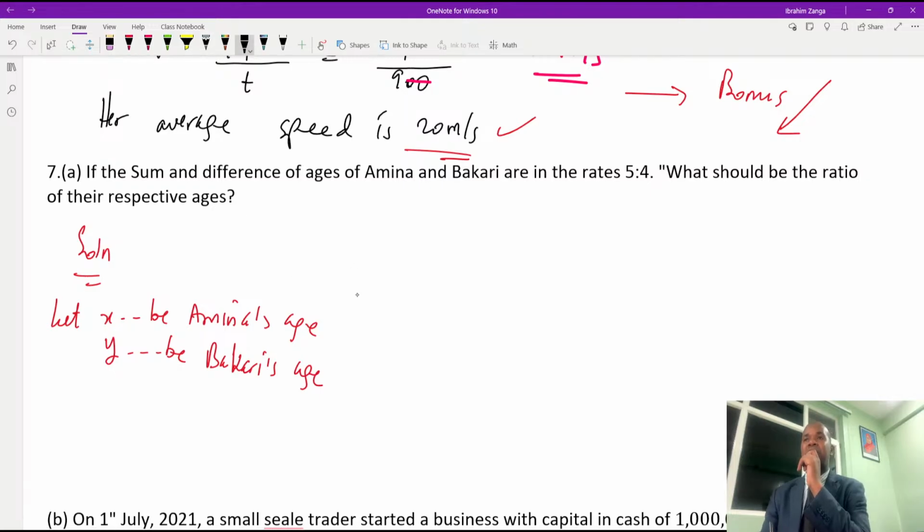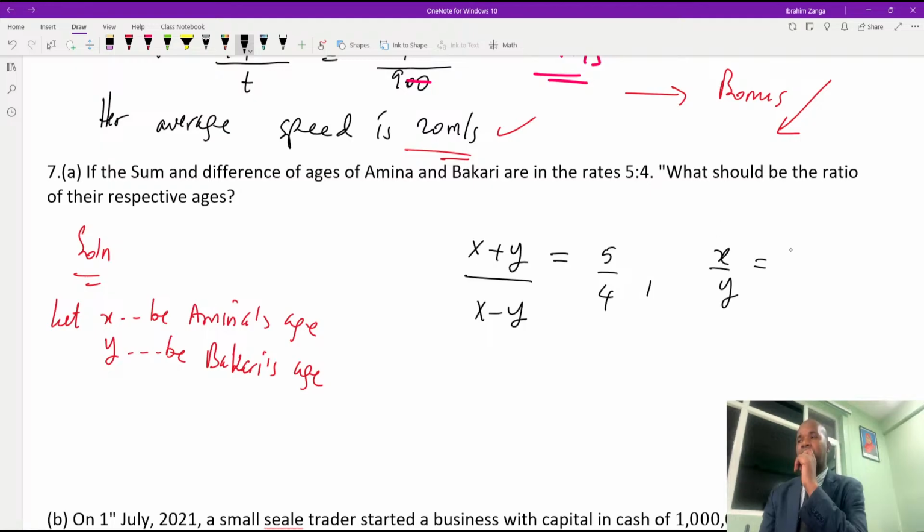With that assumption in mind, the sum and difference, you take x plus y over x minus y, you get 5 over 4. And so we are looking for x over y equals how much?